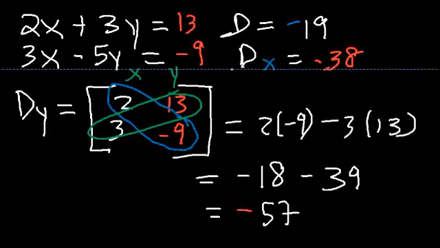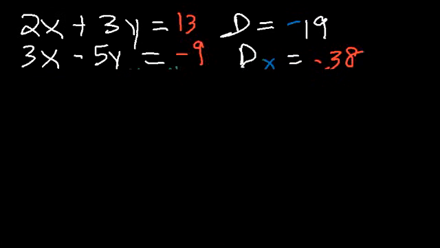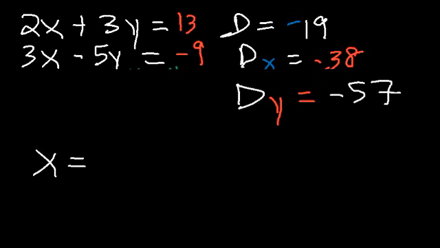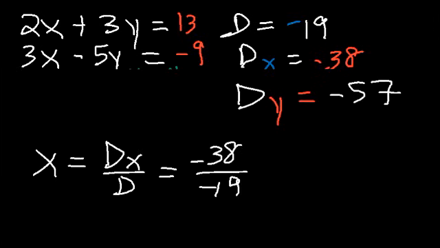So now we have all three, dx, dy, and d. We can calculate x and y at this point. x is dx over d, which is negative 38 divided by negative 19.